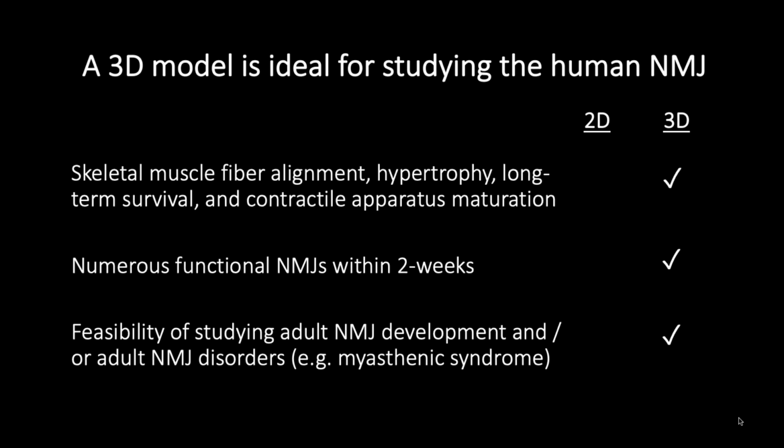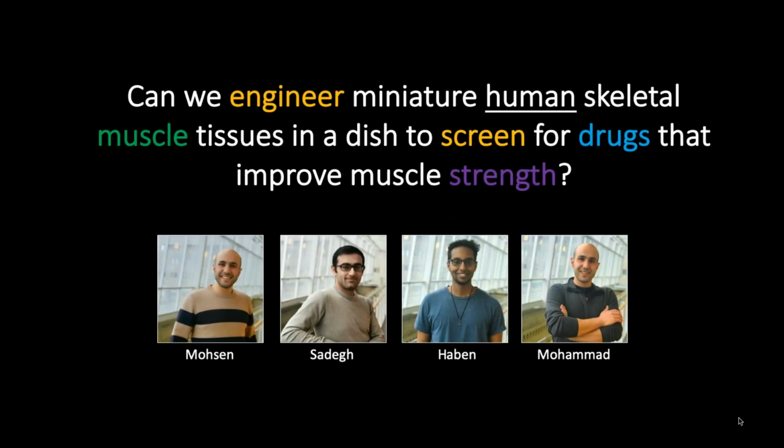And so with this, the 3D culture systems seem to be a really nice way to study human skeletal muscle in a dish, but using the approach of a 12-well plate and casting each of these little dog bones each time can be a bit laborious. So a group of students in my lab asked the question, can we scale up this method and start to create something that's a little more uniform and that allows us to produce arrays of human muscle microtissues in a dish?